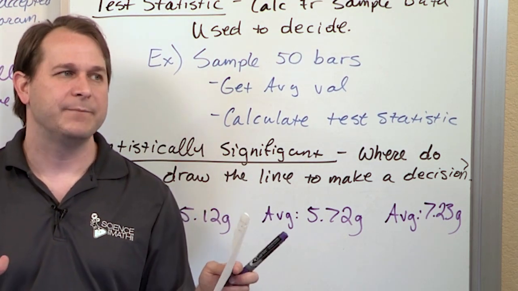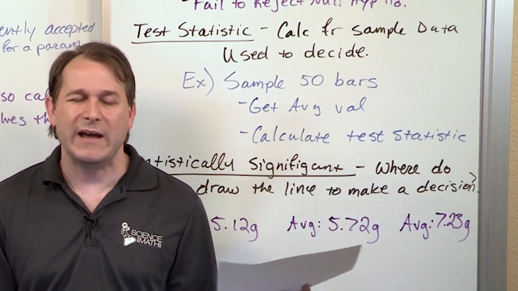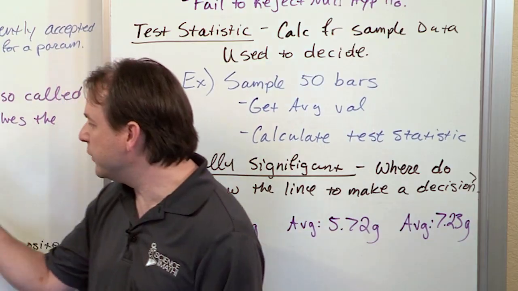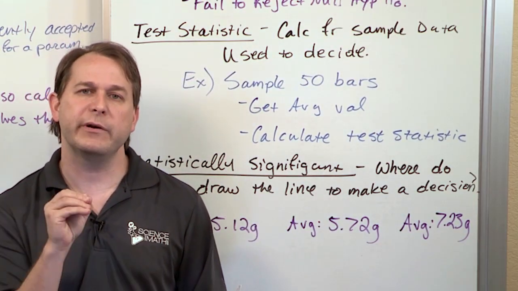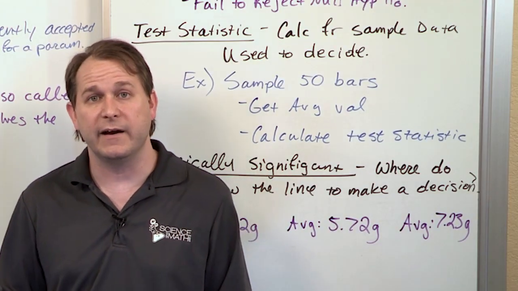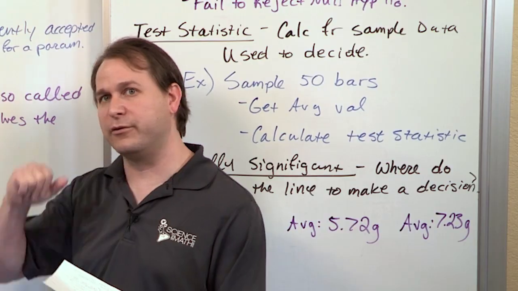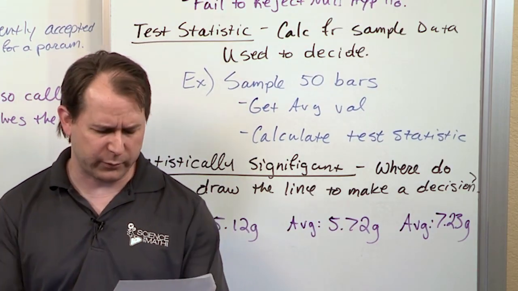Statistics is not about just your whim and how you think it should be. We have to have a concrete way of looking at this null hypothesis, collecting our data, and having a concrete way to decide when we reject the null hypothesis and when we leave it there. When we say that we fail to reject it, and therefore we think it's still true. We have to have a concrete way of doing that.